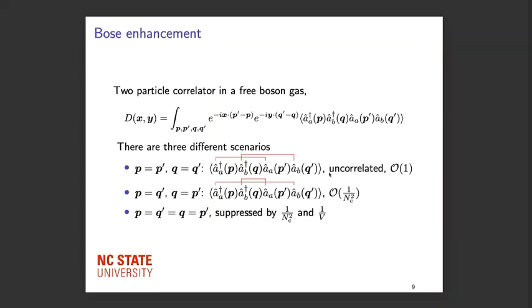As a simple demonstration, here is how this correlation arises from the two-particle correlator of a free boson gas. If we measure this correlator for two bosons, we have essentially three different scenarios. The first one is that they contract with themselves: A contracts with A, B contracts with B, where A, B are color indices, and the system is uncorrelated.